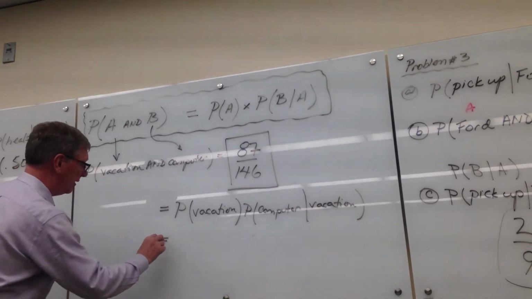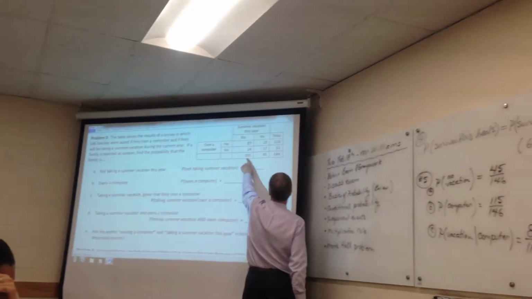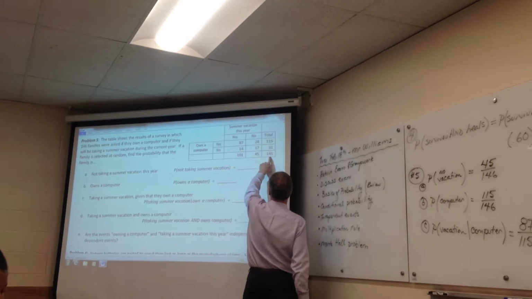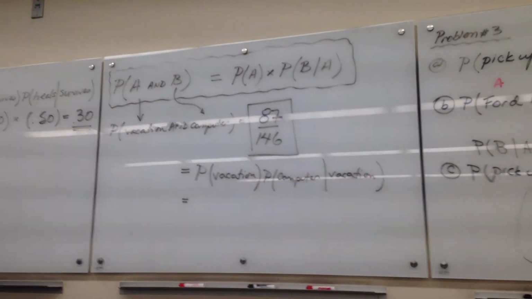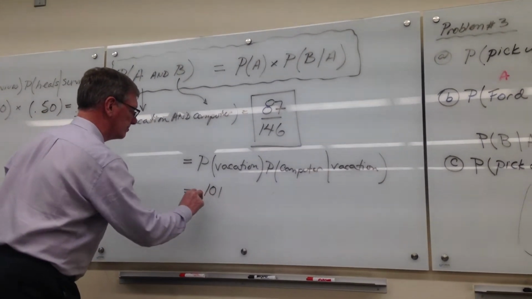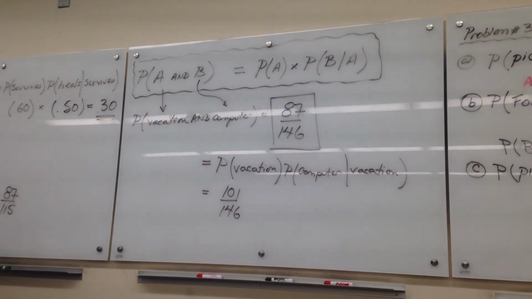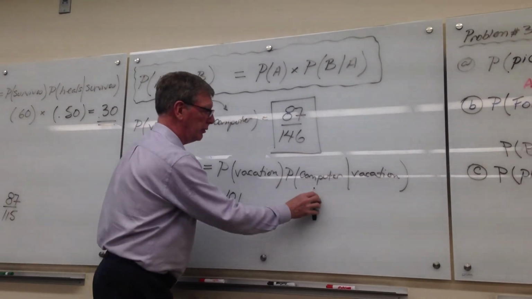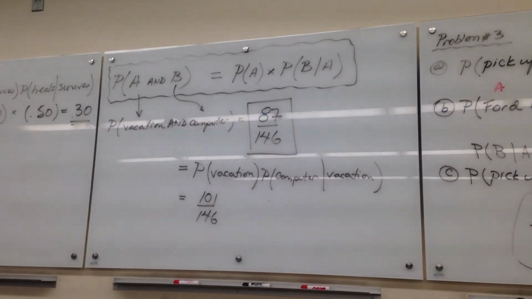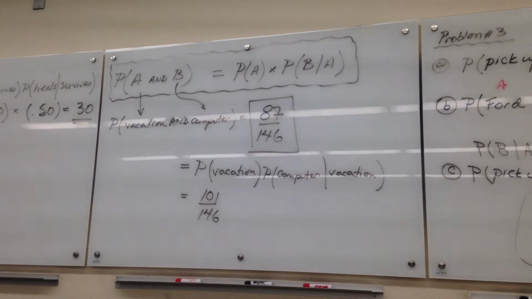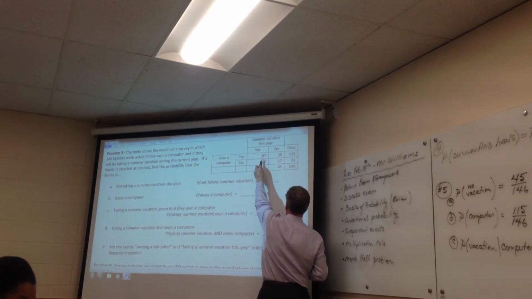What's the probability of vacation? Probability of vacation is 101 out of 146. What's the probability of owning a computer given that I'm going to take a vacation? Given that I'm going to take a vacation, that's these people. Well, there's 87 in that column out of the 101.